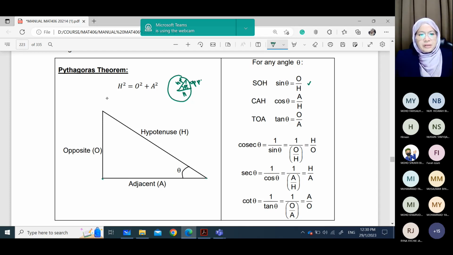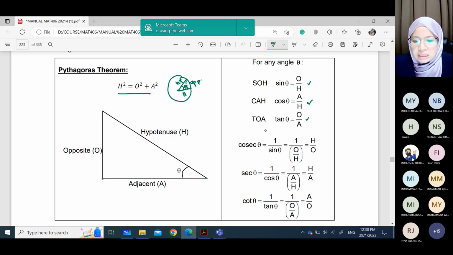So dia ada kiraan dia lah. So h squared equal to o squared plus a squared. Okay, so nak dapatkan sin theta is O over H, which is opposite divided by hypotenuse. And then kita ada cosine theta is A over H, adjacent yang bersebelah bahagikan dengan hypotenuse. Dan last sekali tangent theta is opposite over adjacent.